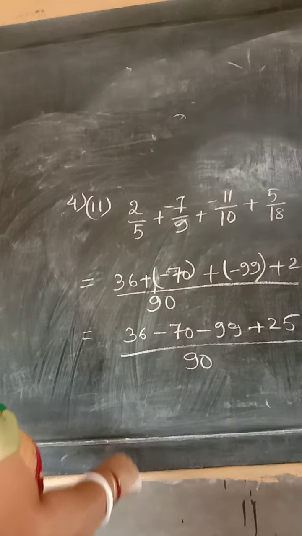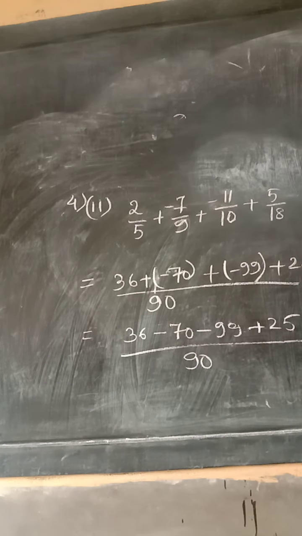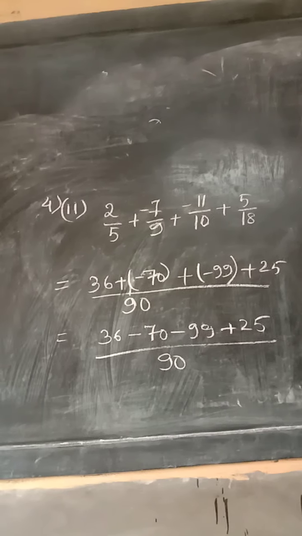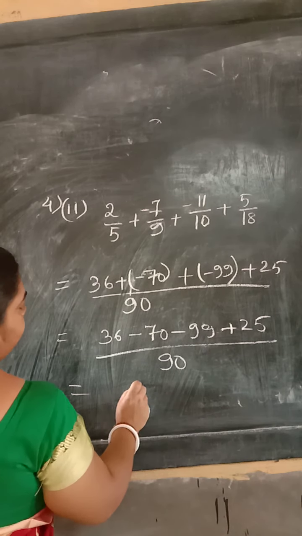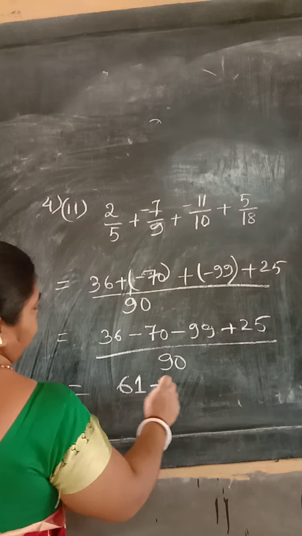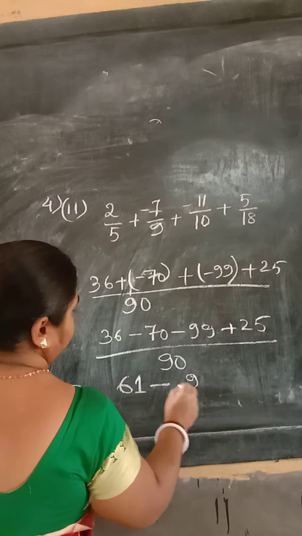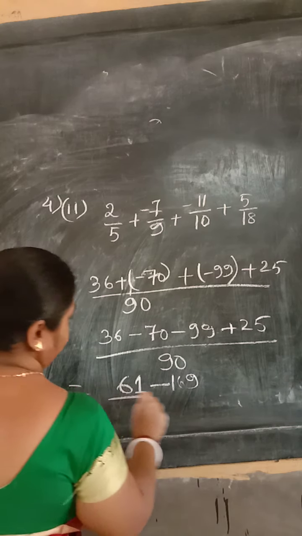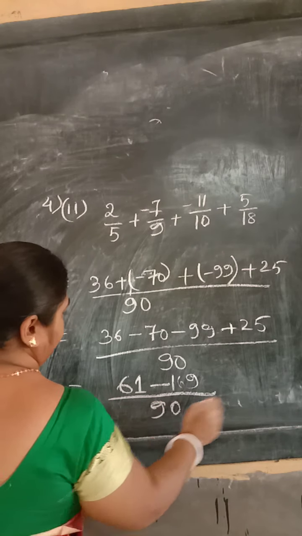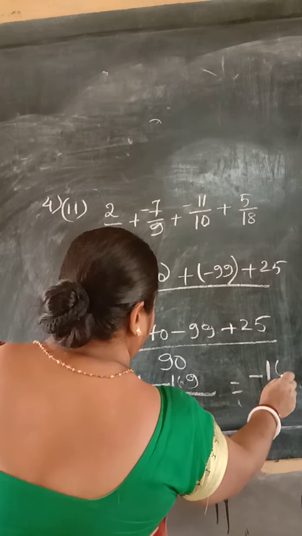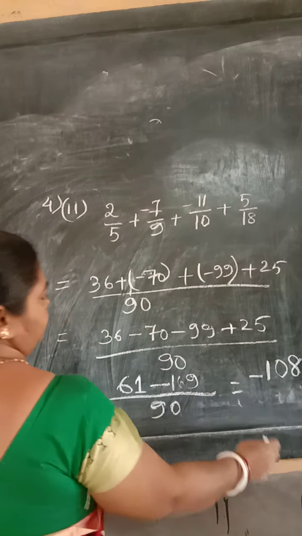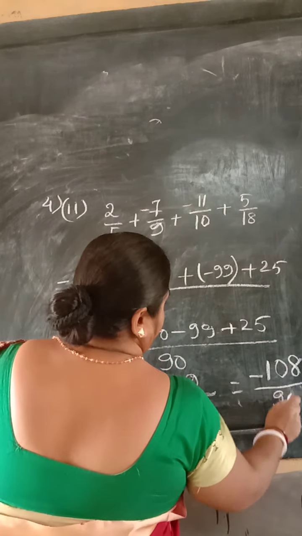Now you can see two positive integers and two negative integers. So according to the rule, what are we going to do? We are going to add the positives together, 36 plus 25 is 61, and the negatives together, 169, by 90. So the answer is minus 108 by 90.